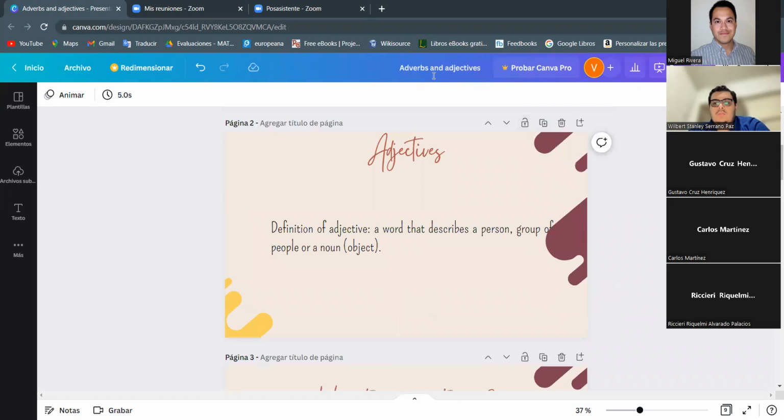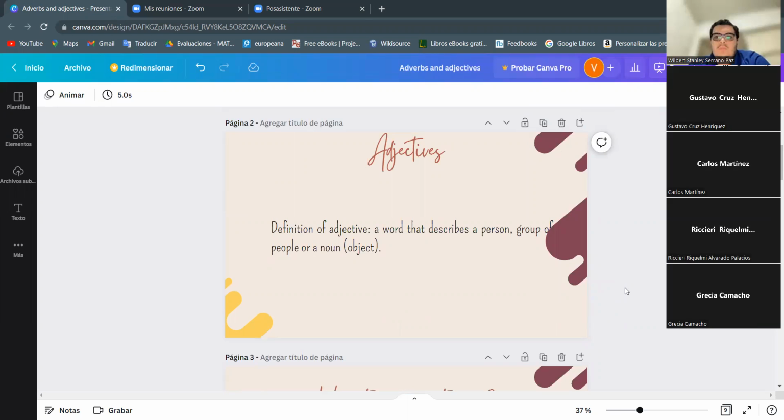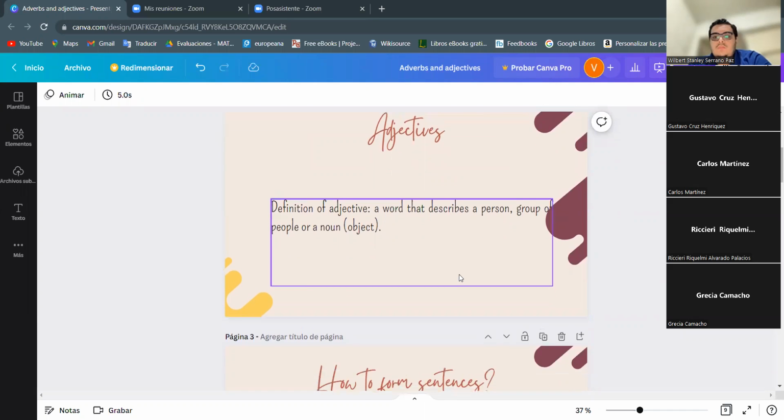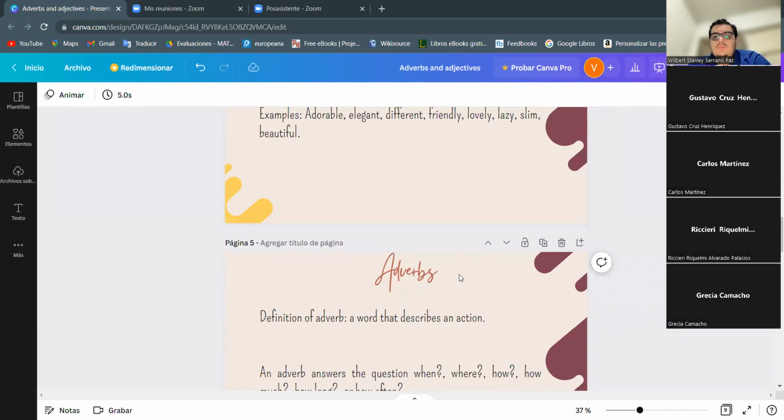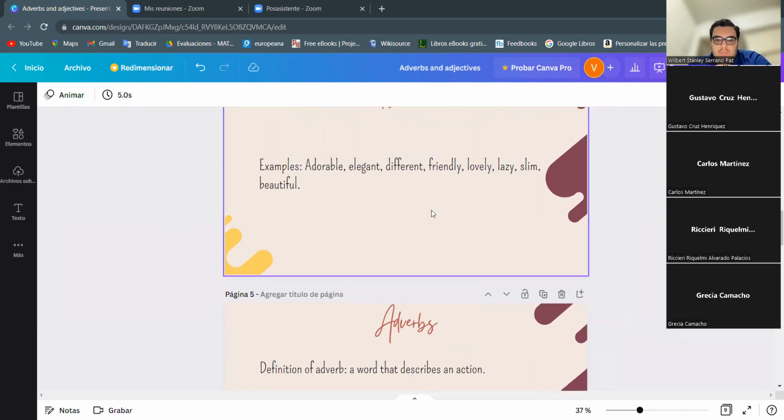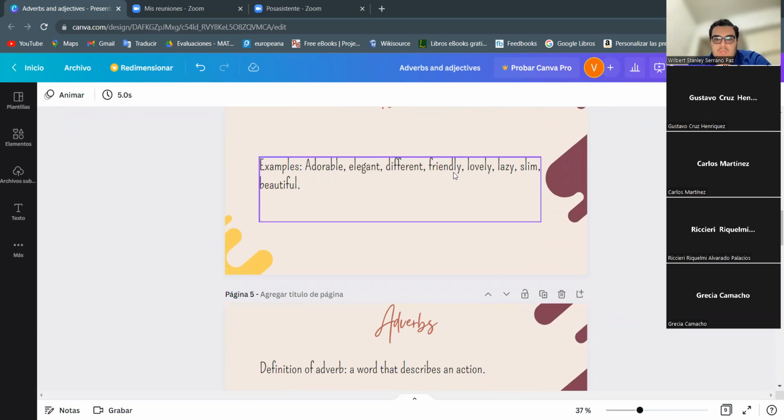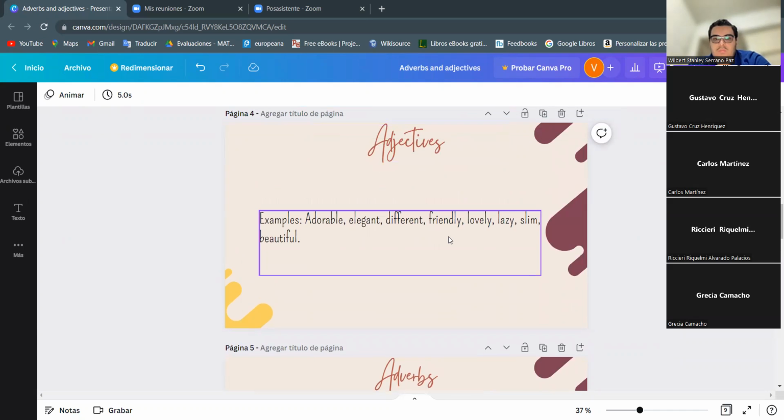The adjective is the description, and adverbs are answering the questions. Good. Yes, that's a nice point. But the overall difference is that adjectives describe a person, whereas the adverb describes an action. You cannot say that an action is friendly, for example. You can only use adjectives for people or things, but not actions.